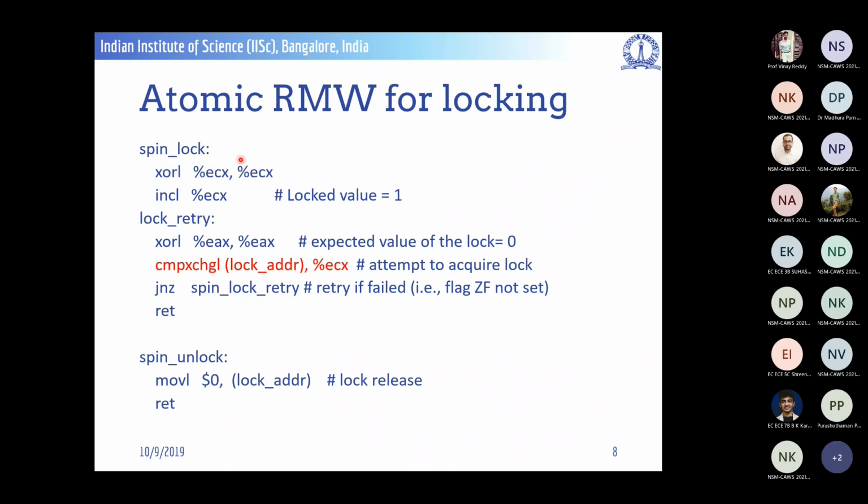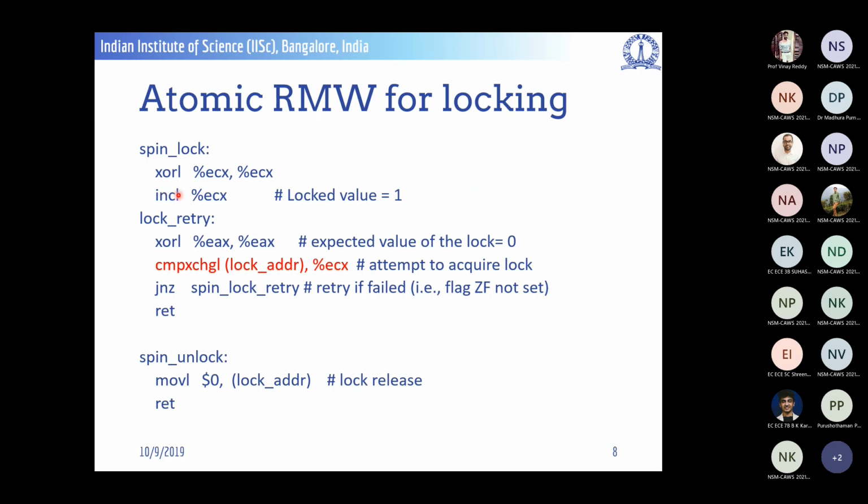So you can ignore that part. So what it is saying is: take register ECX, XOR it with itself. So when you XOR a particular stream of bits with itself, what do you get? Basic digital. 0. Okay. So basically it's initializing the ECX register content to 0.